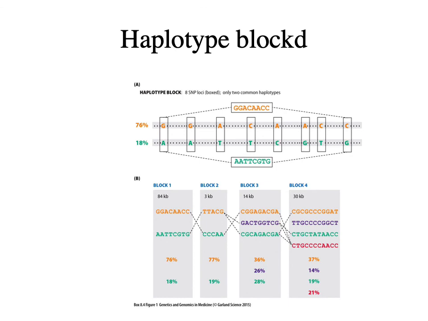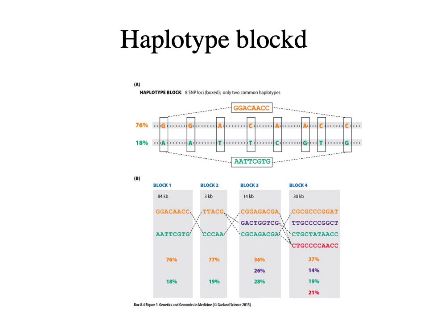This figure illustrates an example of a haplotype block 84 kilobases long that spans most of the RAD50 gene at chromosome 5q31. 8 common SNP loci were genotyped in this block, and 2 alleles at each of the 8 SNP loci means the potential for 2 to the 8 equals 256 different haplotypes.